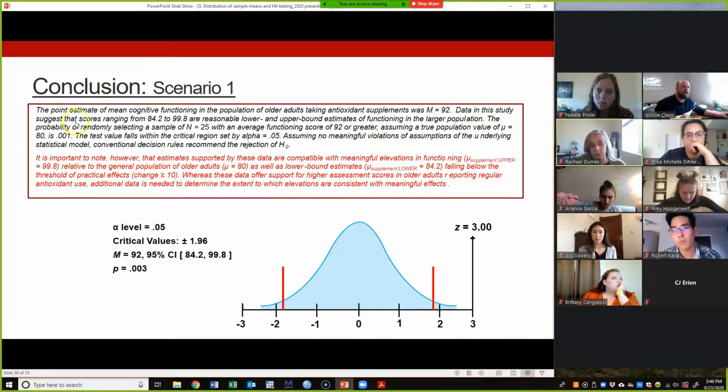Data in this study suggest that scores ranging from 84.2 to 99.8 are reasonable lower and upper bound estimates of functioning in the larger population. So I'm not just saying that it's different than 80 or that it's bigger than 80. I can say more than that.